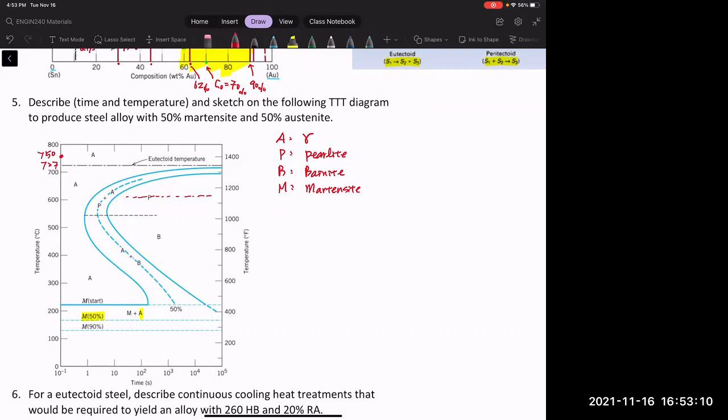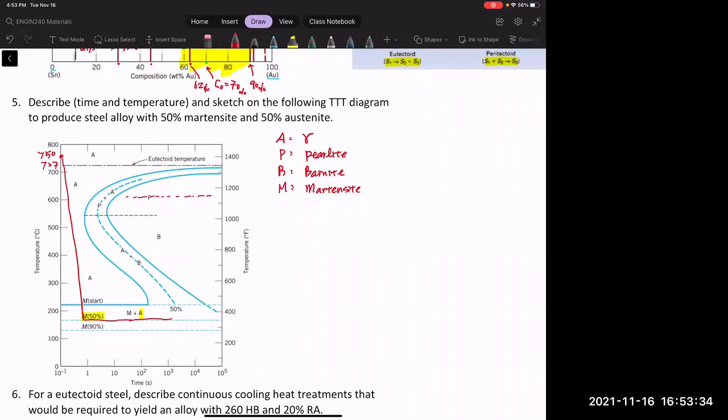And how do you get to the 50%? You're going to rapidly cool the material to this temperature, and you're going to hold this temperature. So you are going to get 50% martensite and 50% austenite.